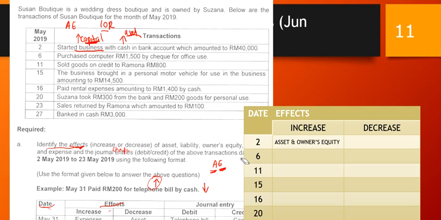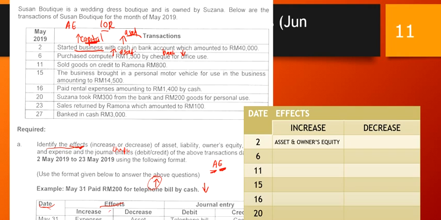So now let's take a look at the next transaction, that is on 6th of May. Purchase computer 1,500 by cheque for office use. Purchase computer, so computer increase by cheque. By cheque ni maksudnya digunakan bank account. So bank you decrease. Computer is your asset.